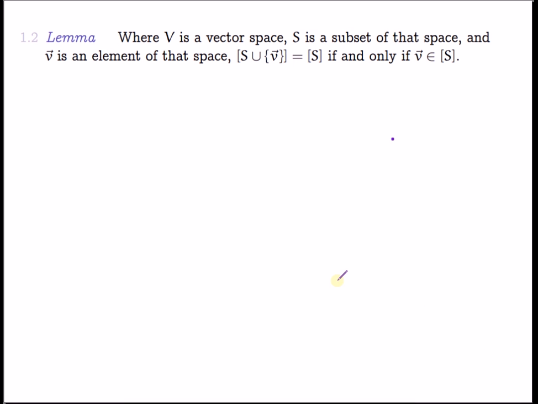Okay, we will be relating the notion of linear independence to the notion of span. So here's a lemma. Let me fix this up a little bit.